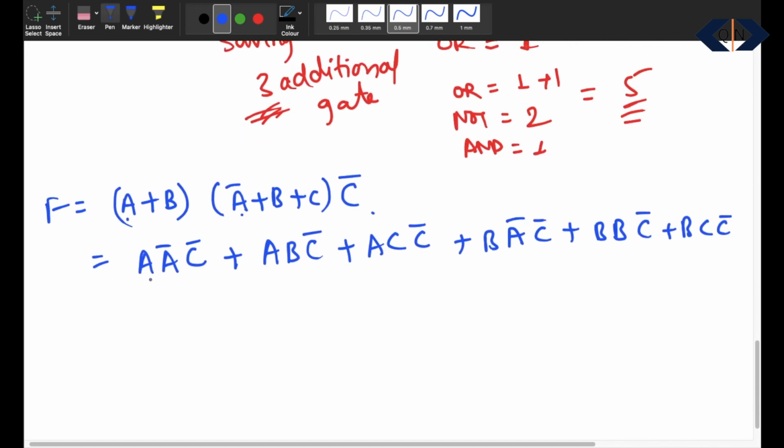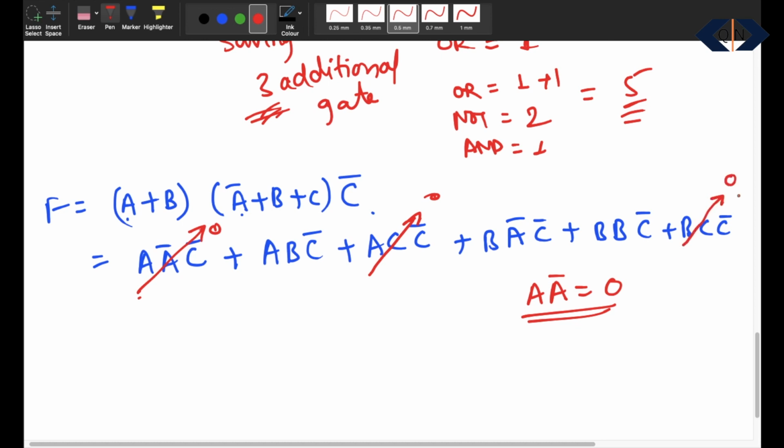We can in fact cancel out many of them because we know that A bar times A equals 0. So from here, can we cancel it? A bar, C bar, 0, 0 into C bar is 0. Can we cancel it? C bar is 0, 0 into A is 0. So we can also cancel this because C bar is 0, right?